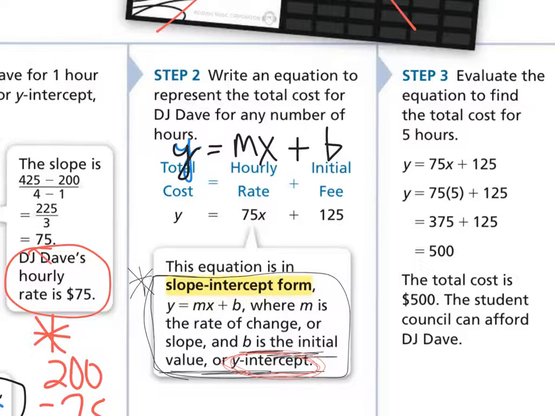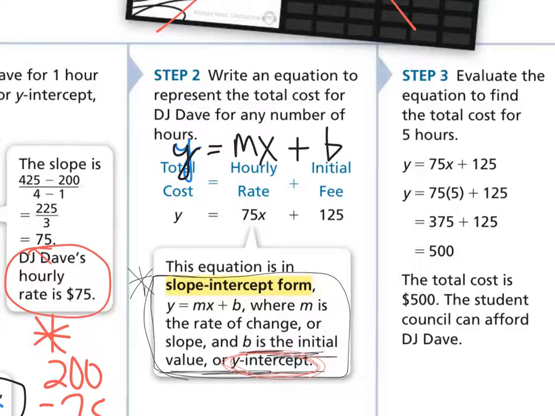Like we did earlier in the chapter, since our slope's 75, we could start with y equals 75x. But it's not going through (0, 0). It's not proportional, so it's not going to be just in that y equals kx format. The initial fee we figured out was $125, and that is our y-intercept. So in this y equals mx plus b equation, b is representing the y-intercept.